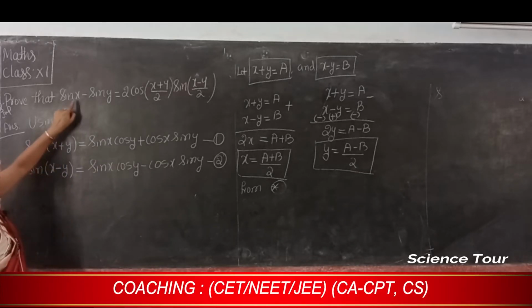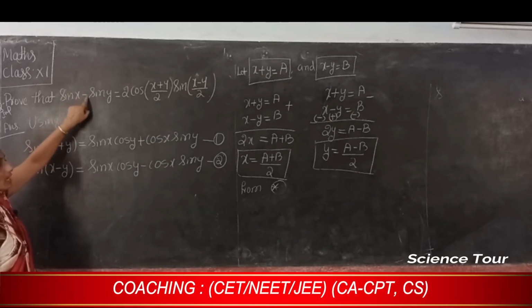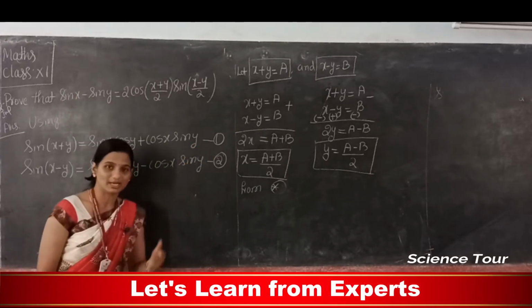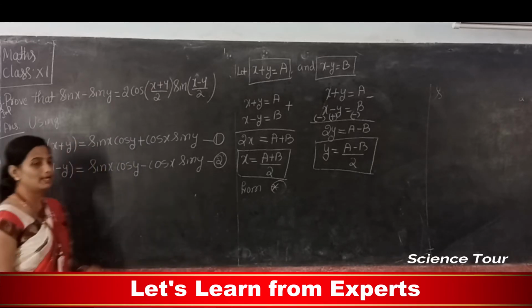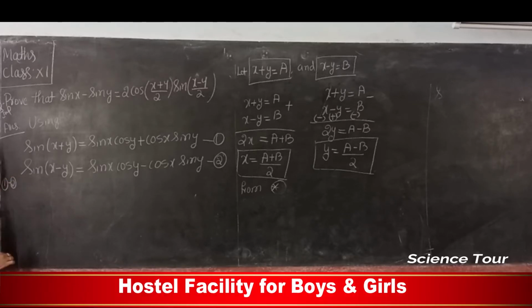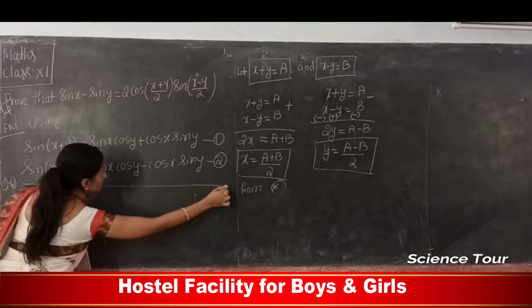So what we need is sin x minus. What to do with these two equations? Addition or subtraction? It is subtraction. So now I will write equation number 1 minus equation number 2.